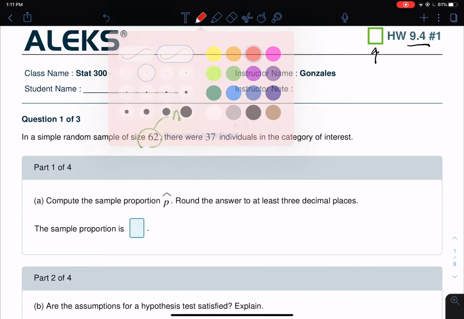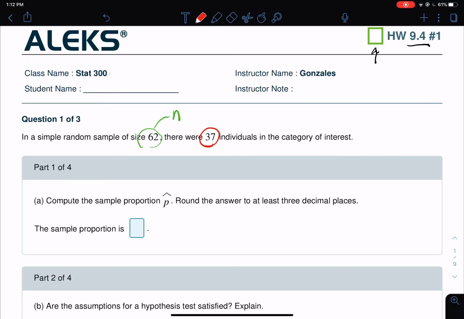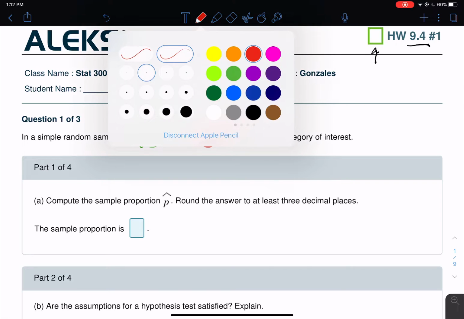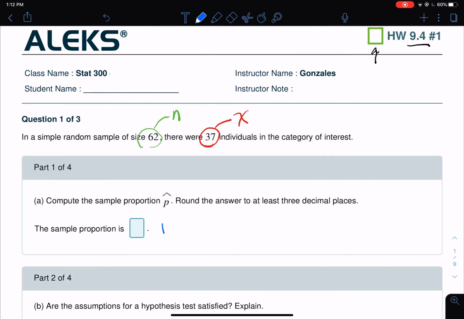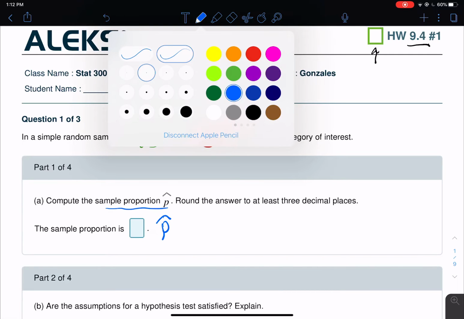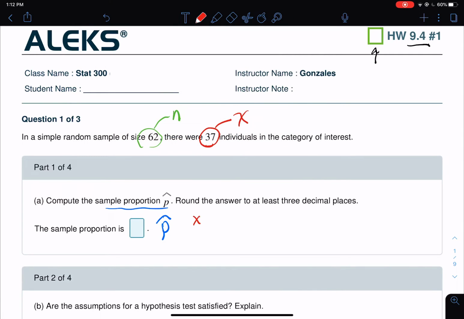Well, 37 are the people that claimed they were, like in my example, people that wore glasses, so that would be the x value. If we want to compute p hat, the sample proportion, remember what we said before, that's just x over n.